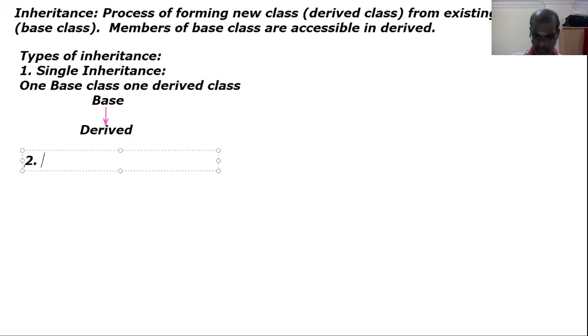The next type, the second type, is multi-level inheritance. In this case, there is more than one derived class.